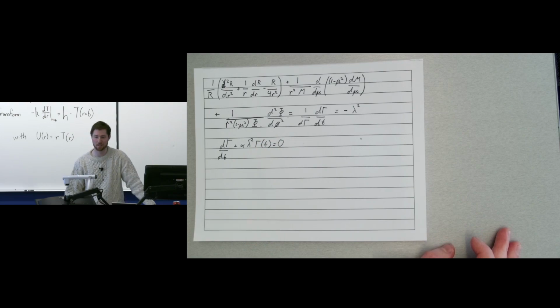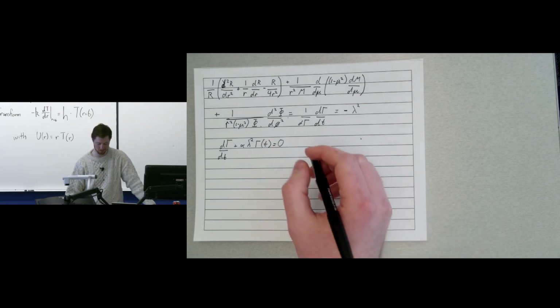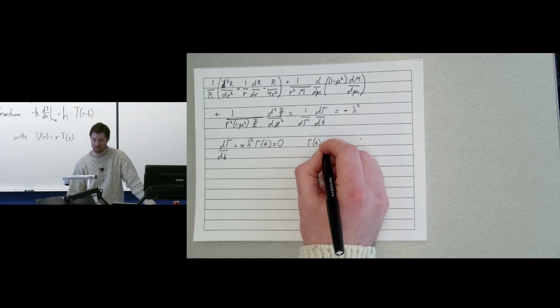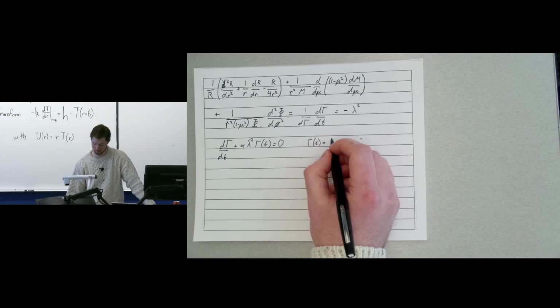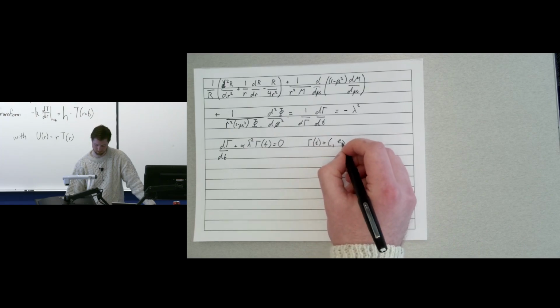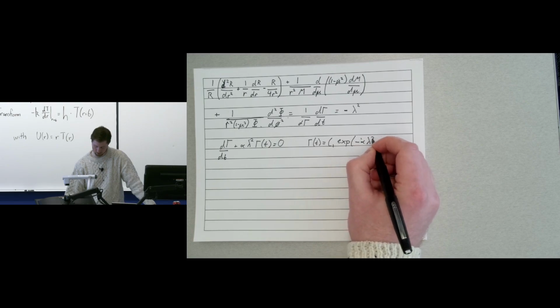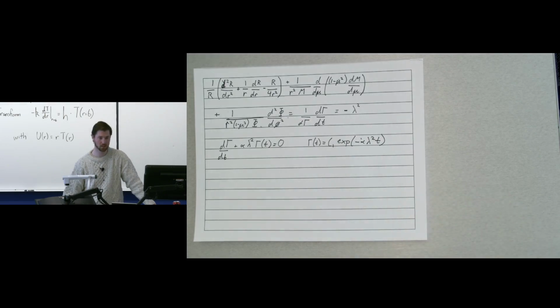Okay, you've all solved this a million times by now. What's the solution? Negative alpha lambda squared t. Yep, negative alpha lambda squared t. Everybody nods, thumbs ups, still going good?